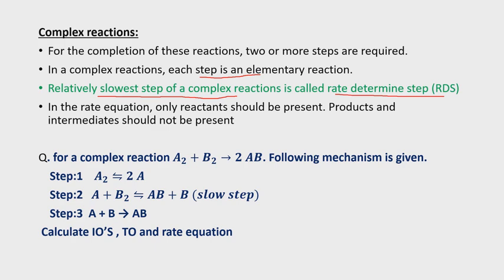Calculate individual orders, total order and rate equation. This is the hint for students. Slowest step. That means individual order, total order and rate equation, all three questions can be solved by using the slow step only.